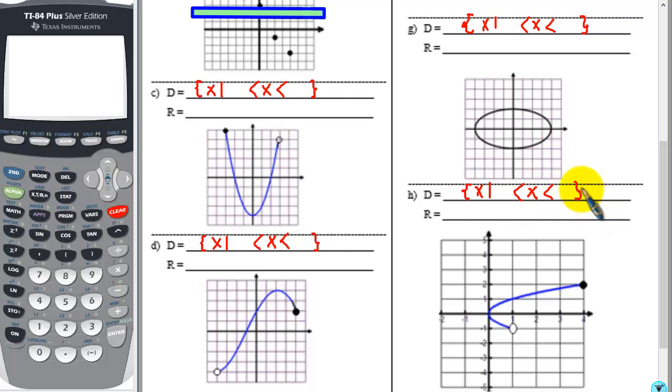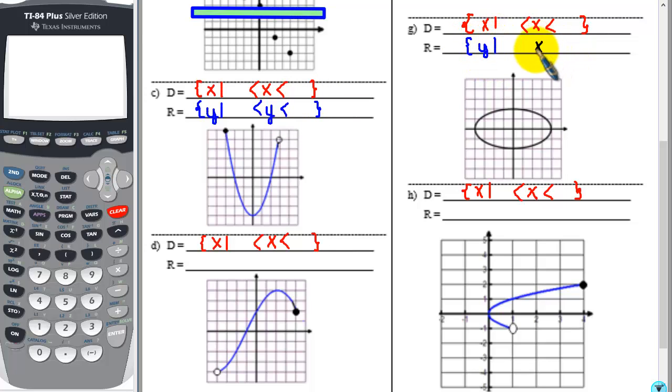Now we're also going to set it up for y. The y is going to be the same. The only difference is that instead of x, we're going to use the letter y. So here we go. Y such that, what is the beginning of y? What is the end of y? Okay, so I'm going to go ahead and set it up.